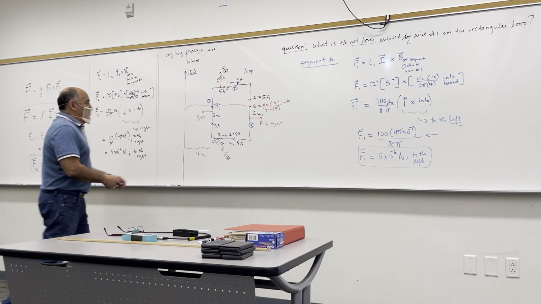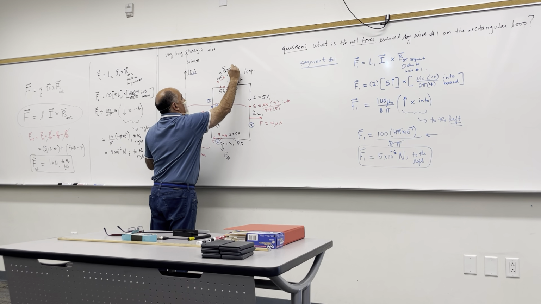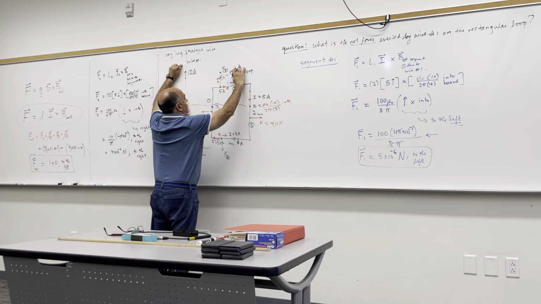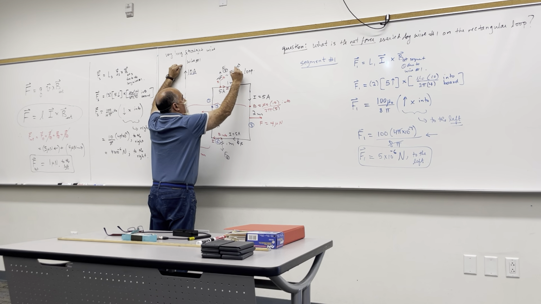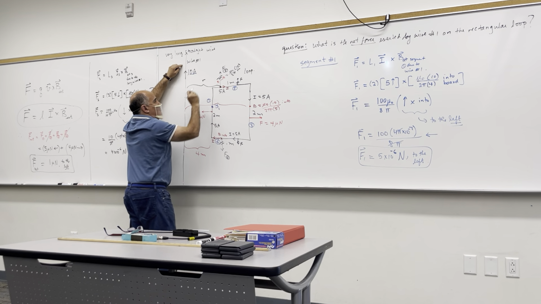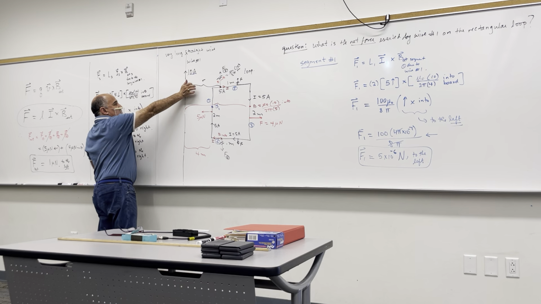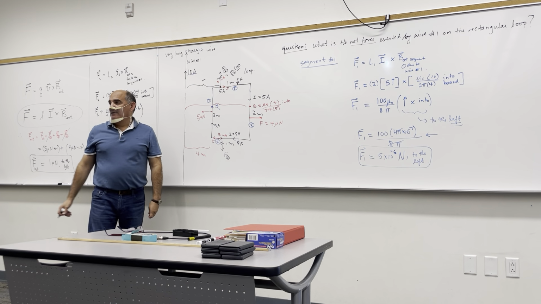So the magnetic field will be mu naught times this I, which is 10 amps, divided by 2 pi R, where R is, if I want that point, this R. And that's into the page, right? And the direction.